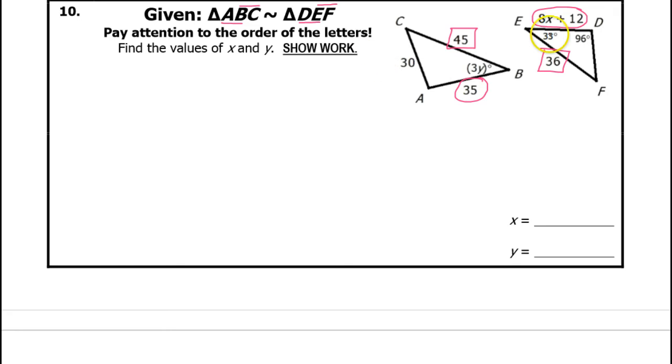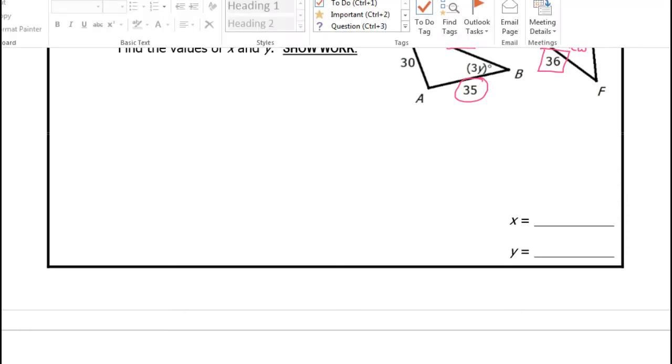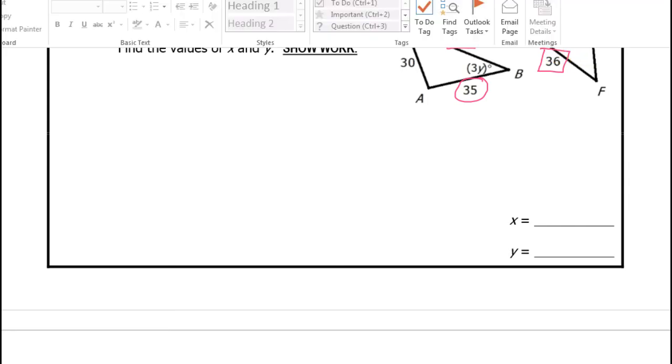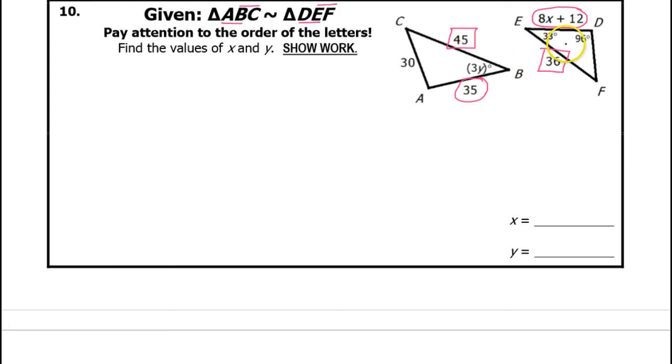So if I want to find the value of x, I'm going to call this triangle the new triangle. No, I'm going to call it the old triangle. Doesn't really matter. But I have a tradition of calling the smaller one the old triangle. So my OCD compels me to be consistent.